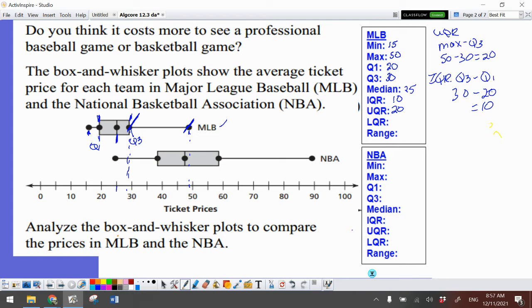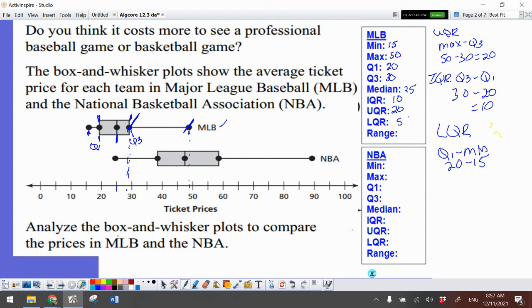The IQR is how big the box is. The UQR is how big the right whisker is. The LQR is the lower whisker, or the left whisker, and that is Q1 minus our minimum. Q1 was 20, our minimum is 15, so our LQR is 5.